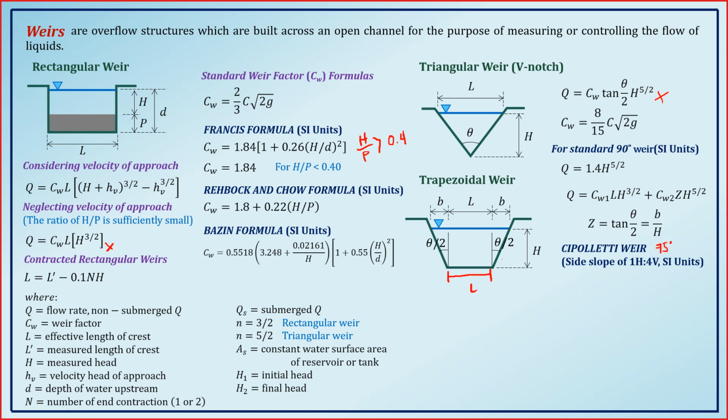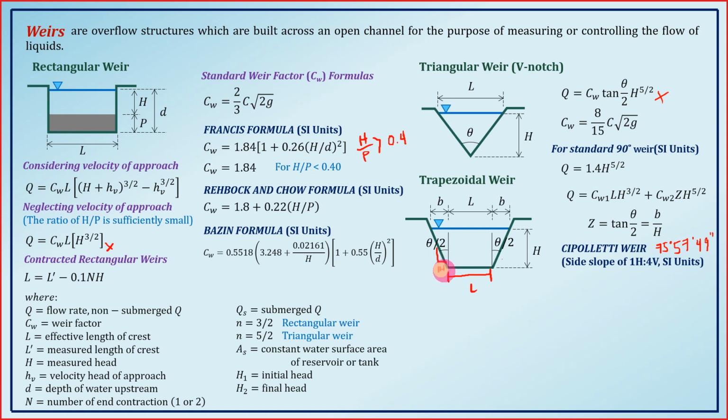May kasunod yan, naka-minutes and seconds. 57 minutes and 49 seconds. So, in terms of the angle, yung side slope mo naman is 75 degrees, 57 minutes and 49 seconds.